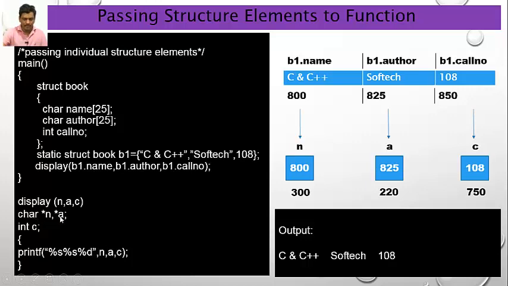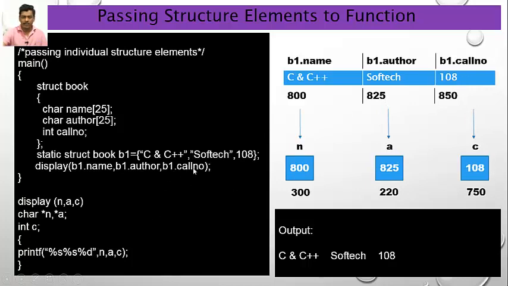So n is a character pointer and a is a character pointer, because they receive character array addresses. c is an integer because b1.call number is an integer, so we just declare c as an integer. In printf, we print %s for n, %s for a, and %d for c, because that 800 is transferred to the location of n, 825 is transferred to the location of a, and 850, that is 108.